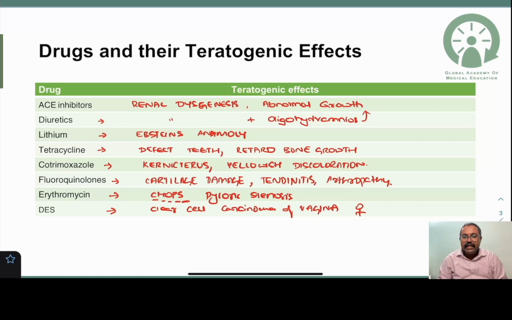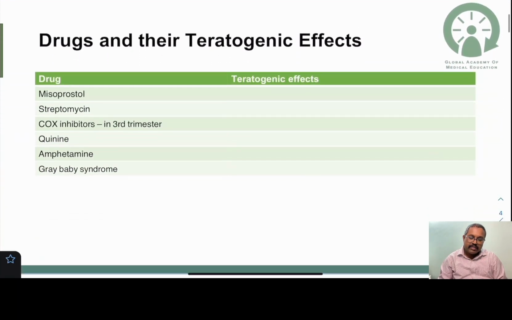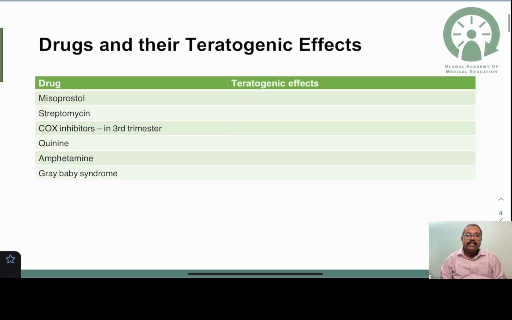But most commonly it is proven to cause clear cell carcinoma of the vagina in the offspring. Next, coming to the teratogenicity mediated by misoprostol. Misoprostol is a prostaglandin analog. It is known to cause Mobius syndrome.